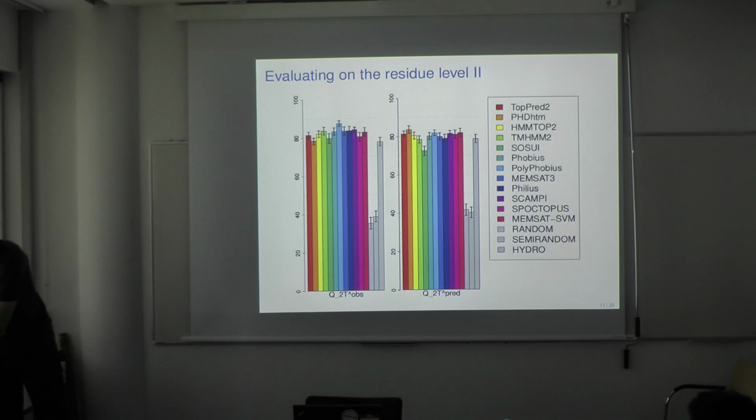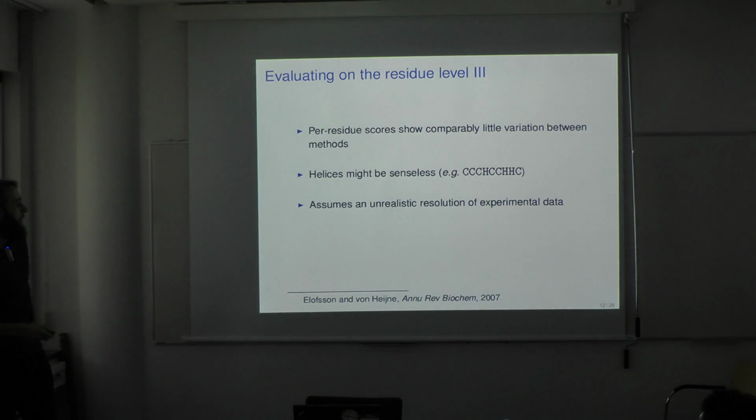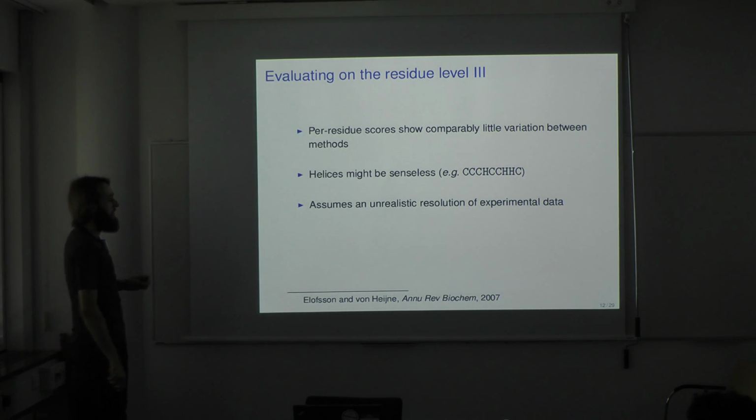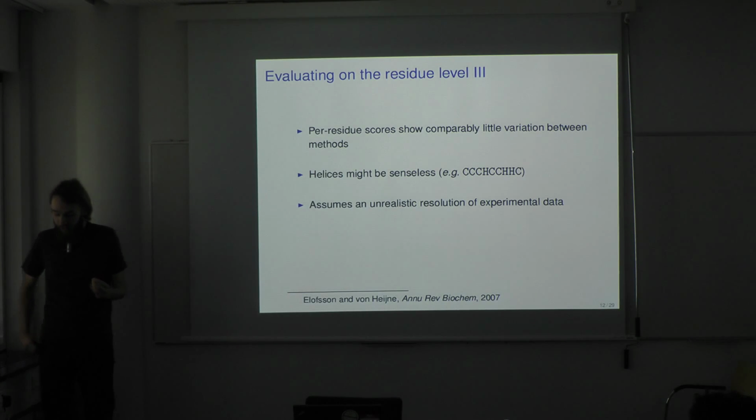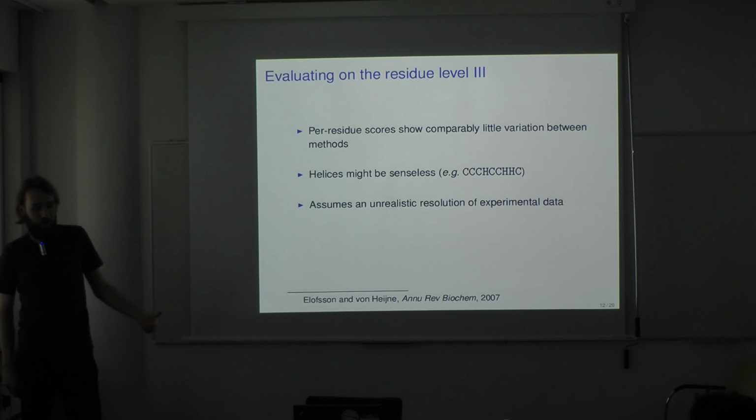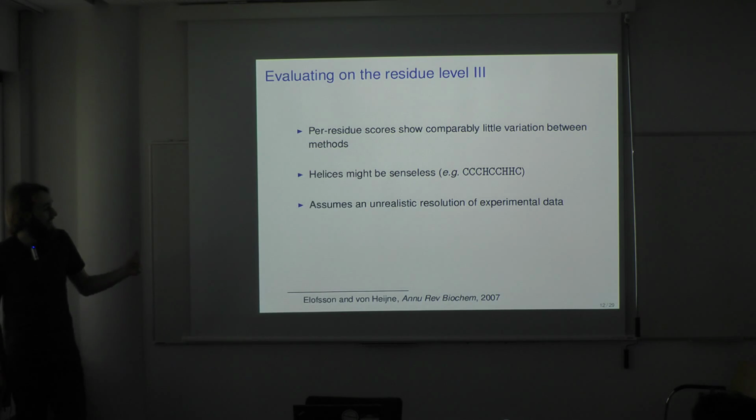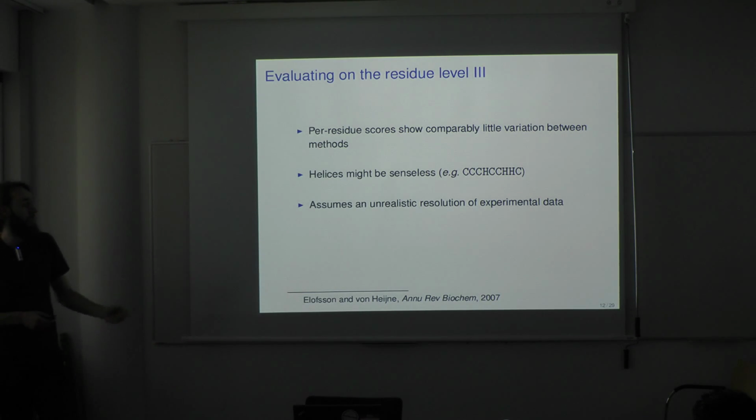Sorry. Okay. Right. And finally, there's one more important point about these per residue scores. If you say you can measure on the residue basis, then you are saying I know exactly here the helix ends, here the outside begins. But we just saw we cannot really do this. Even if we have the 3D structure at an extremely good resolution, we don't really know where the membrane exactly ends.